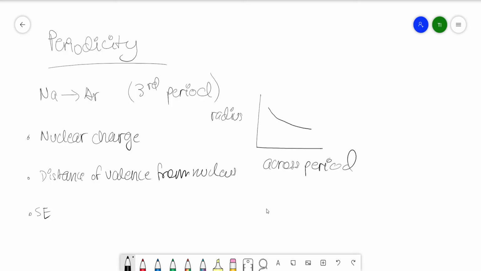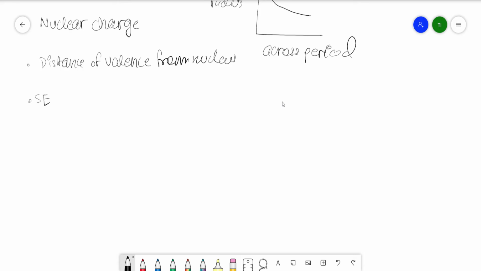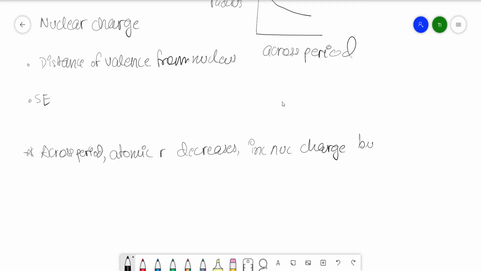So whenever you're asked to explain why, what you have to say is: across the period, atomic radius decreases because of increasing nuclear charge, but the electrons are added to the same shell.